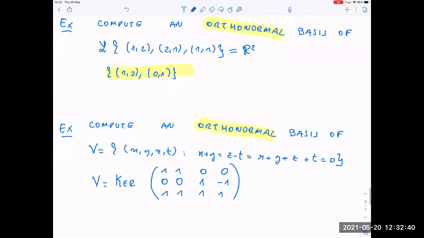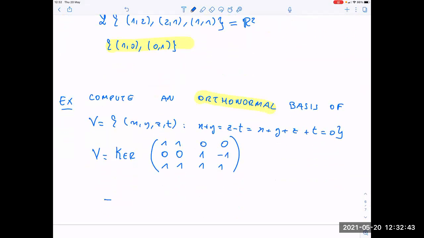And by using row equivalence, this is the kernel of 1, 1, 0, 0. Then we still have 0, 0, 1, minus 1. Now I change the third row by using the first, subtracting.